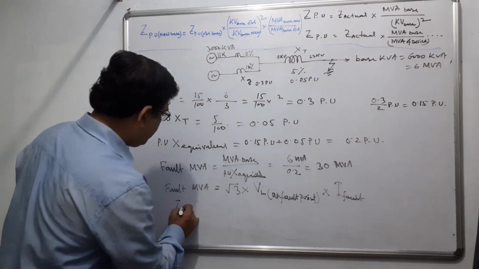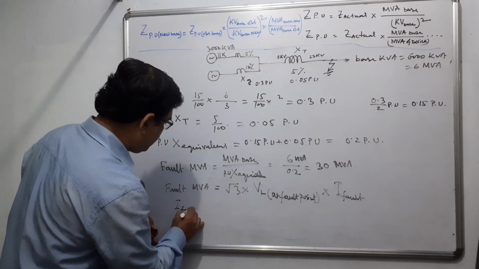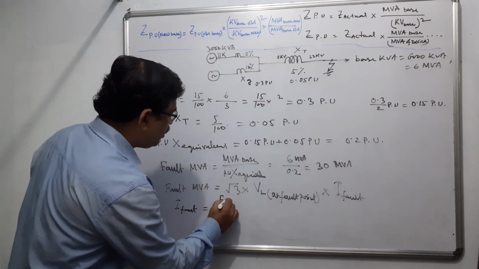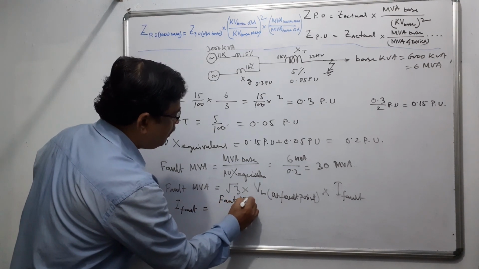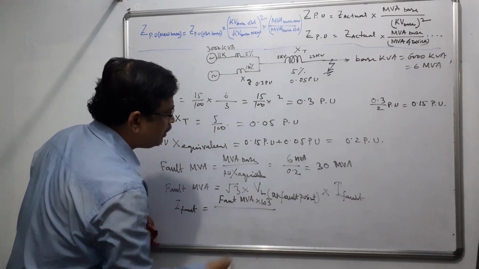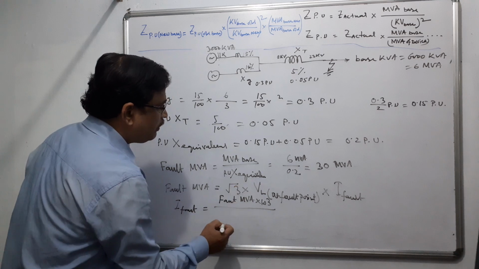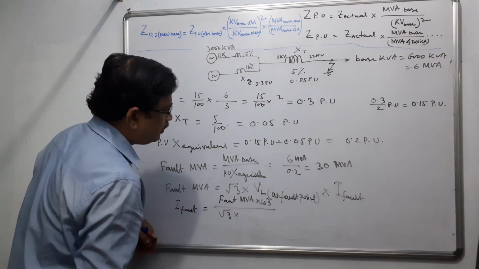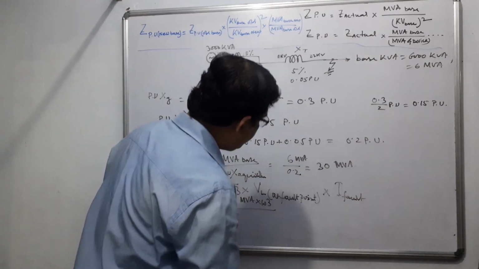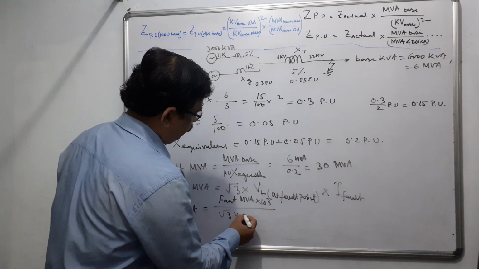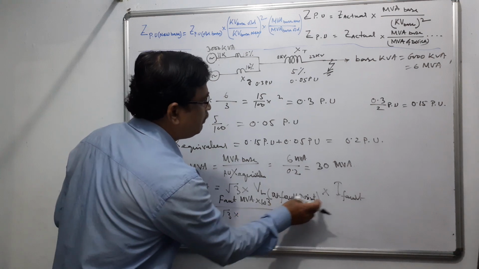That means I fault equals fault MVA into 1000, 10 to the 3, converted to kVA, fault kVA, divided by √3 into the fault line voltage at fault point.